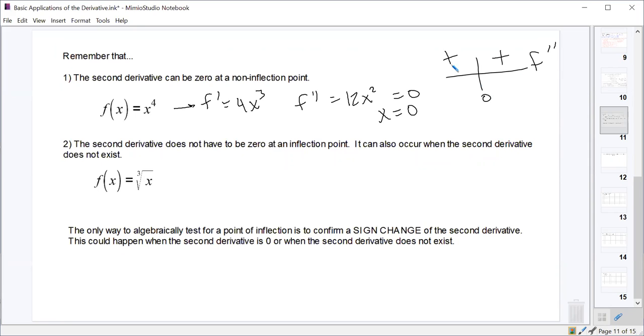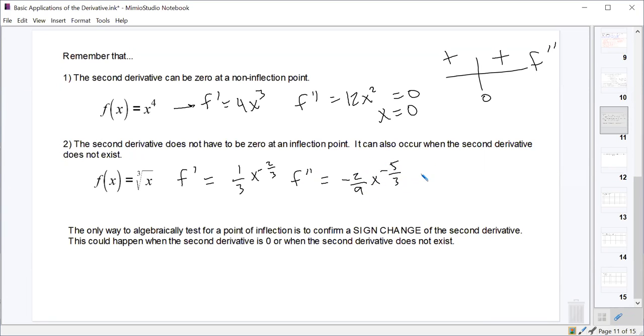Okay? And also remember that you have to check when the second derivative is undefined, or when the second derivative doesn't exist, not just when the second derivative is 0, for inflection points. So here we have f prime is 1/3 x to the negative 2/3, and f double prime is negative 2/9 x to the negative 5/3.